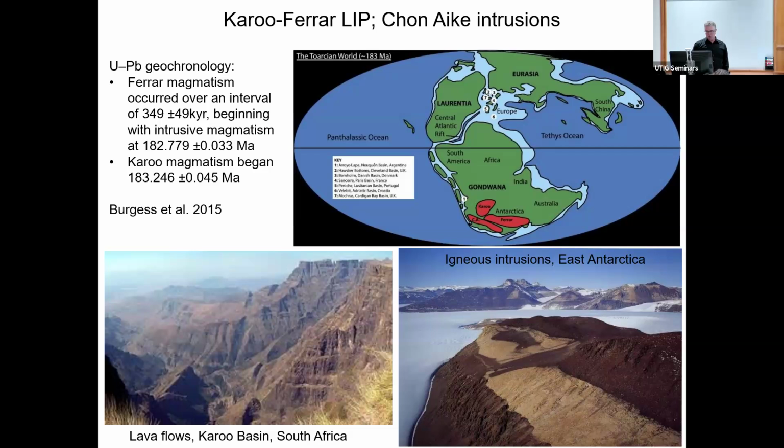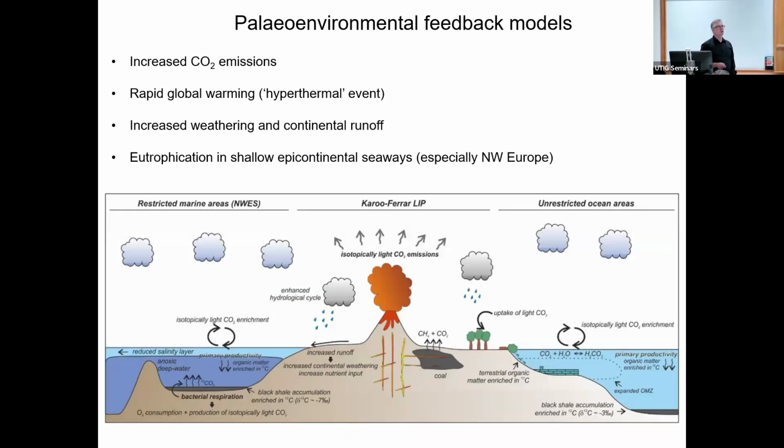And therefore, it's pretty logical to try and tie these things together, which a lot of people have done. So this is one of several published models about how this large igneous province could have caused environmental perturbations, this global carbon isotope excursion during this period of time in the late Jurassic.